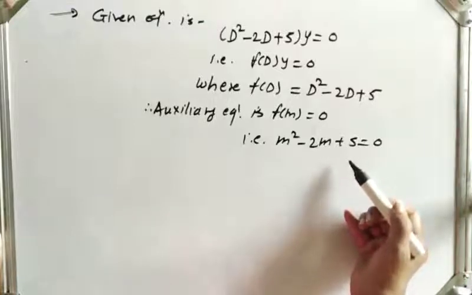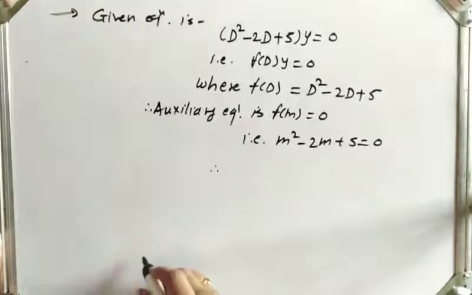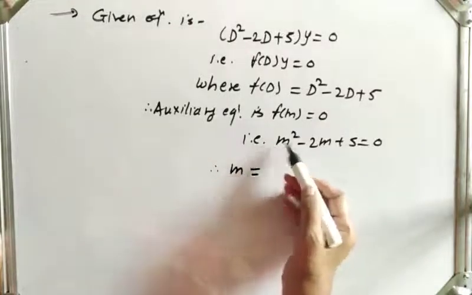Now the factors of this equation cannot be found in real numbers, so we need to use the formula of minus b plus minus square root of b square minus 4ac upon twice a. Therefore m is equal to, now here b is minus 2, a is 1, c is 5.